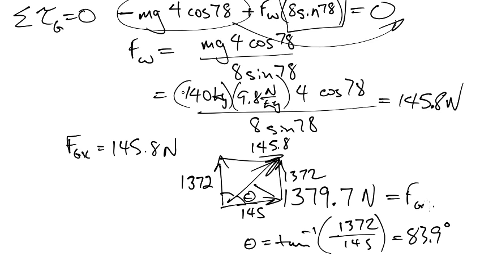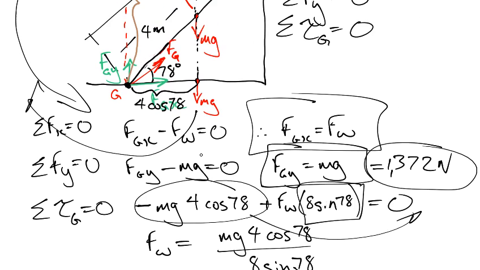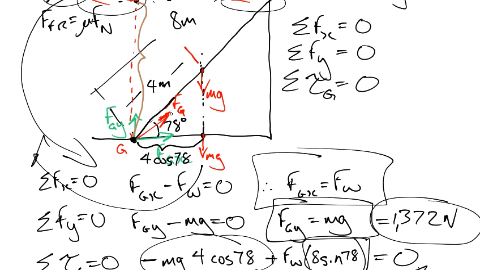Now, if we go back to the diagram, therefore mine was wrong. In other words, this one was wrong. It's actually going to be more than 78, so it's going to be out here at an angle of 83 degrees.